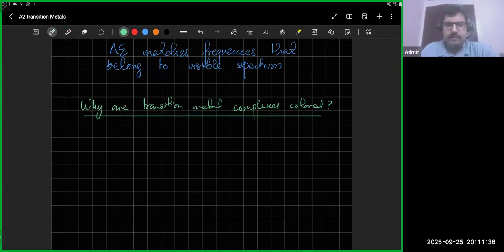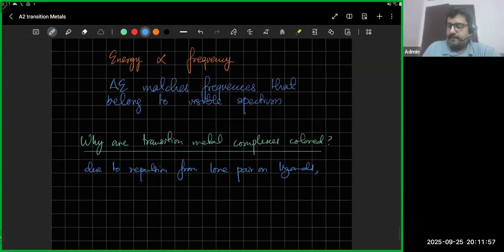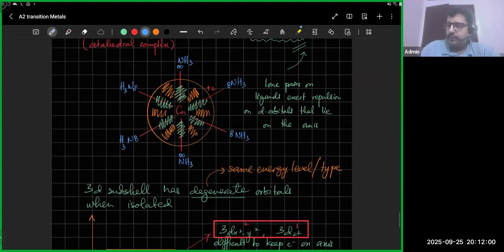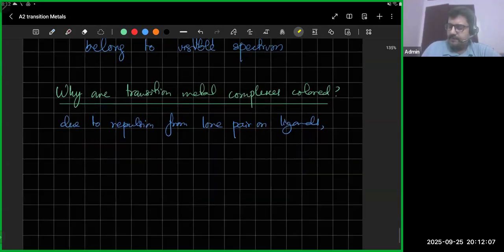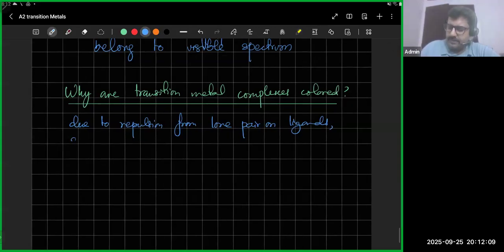And the answer to this is that due to the repulsion caused by the lone pairs on ligands, the d subshell splits into two energy levels.